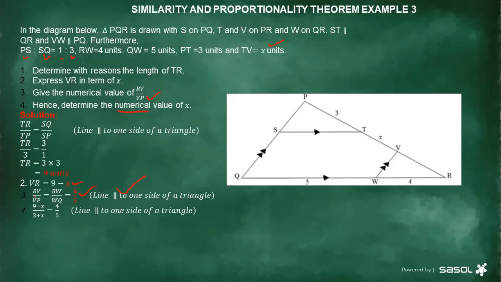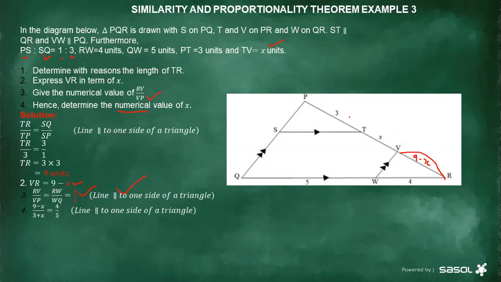Now VR, remember VR or RV, it was 9 minus X. In terms of X, it was 9 minus X, right? Divide by 3 plus X. Where does 3 plus X come from? Which is VP.